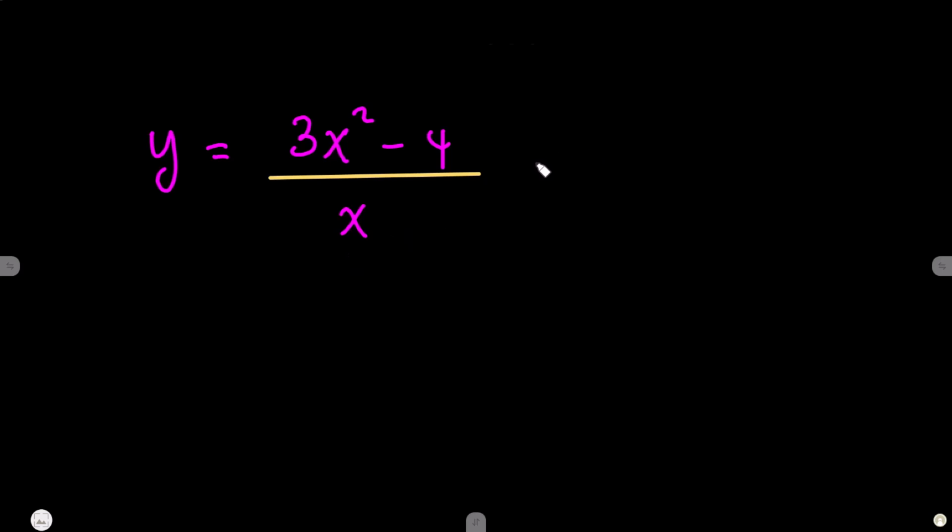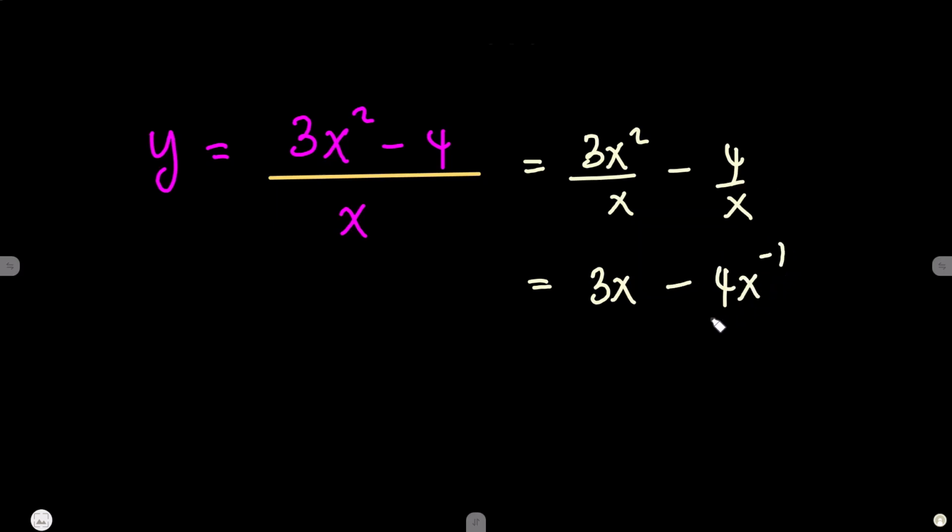So this is the same thing as 3x squared divided by x minus 4 over x. And if you cancel out, this is just 3x, and here definitely 4x to the power minus 1. Alright, so from here this is something you can differentiate quite easily.